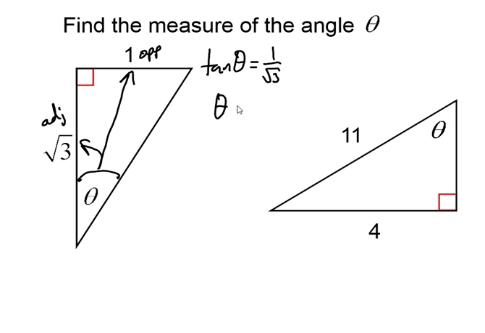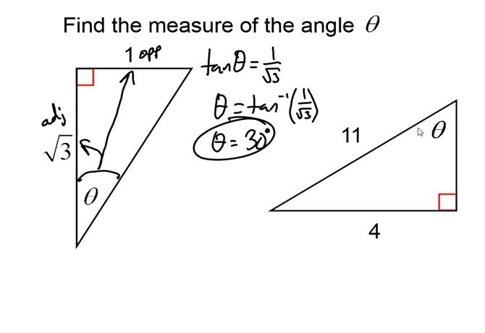So let's find theta by doing the inverse tangent of those sides, 1 over square root 3. Type it into your calculator. Inverse tangent of 1 divided by the square root of 3. This gives me exactly 30 degrees.